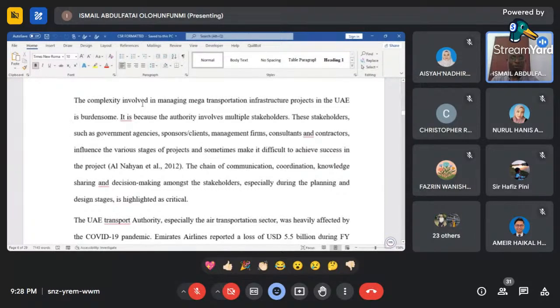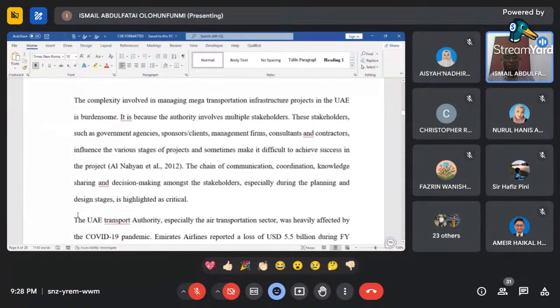Complexity involved in managing mega transportation infrastructure projects in the UAE is burdensome. You see that it is because the authority involves multiple stakeholders, such as government agencies, sponsors, clients, management firms, consultants and contractors, who influence the various stages of the project and sometimes make it difficult to achieve success.